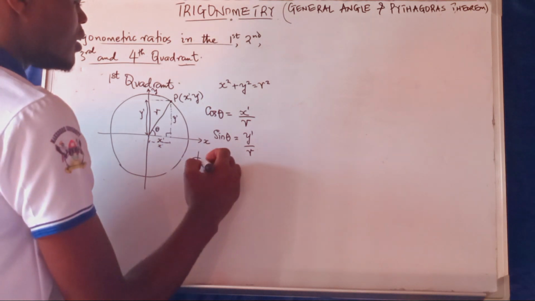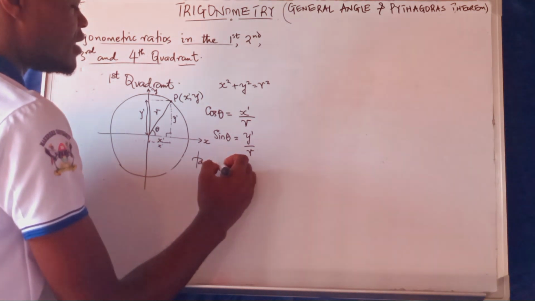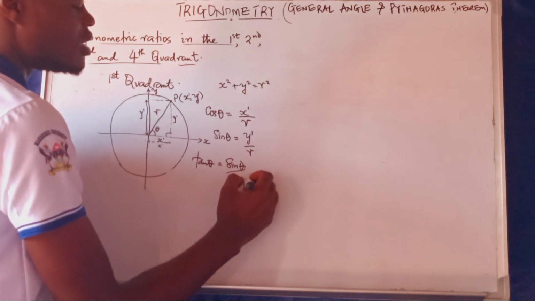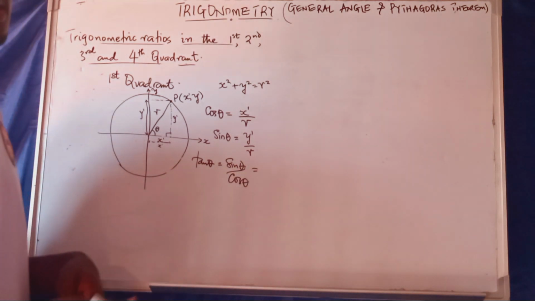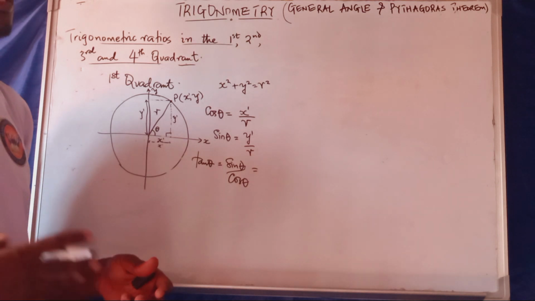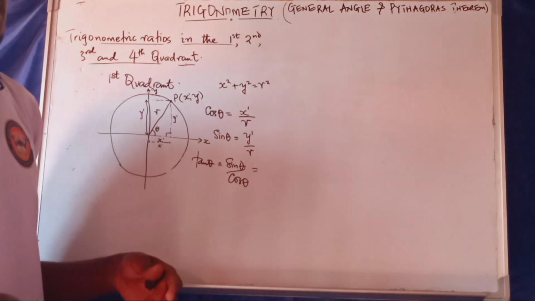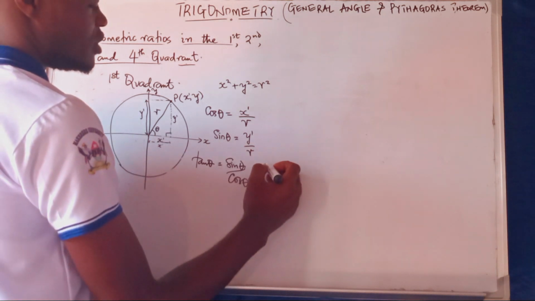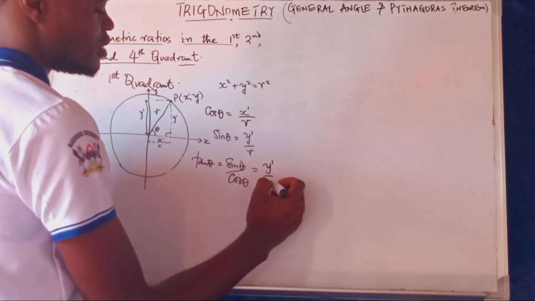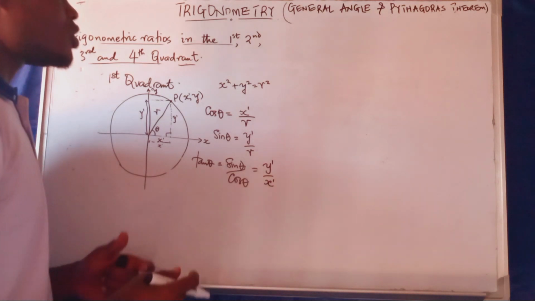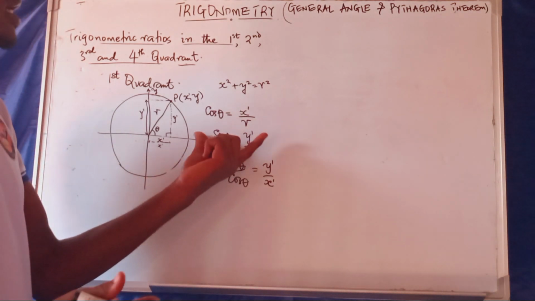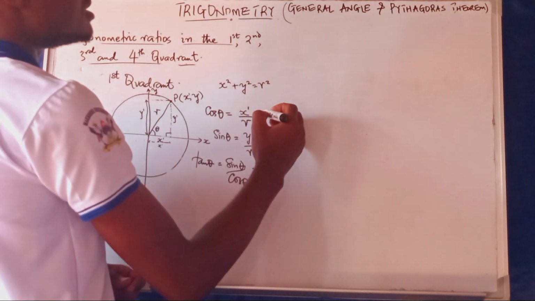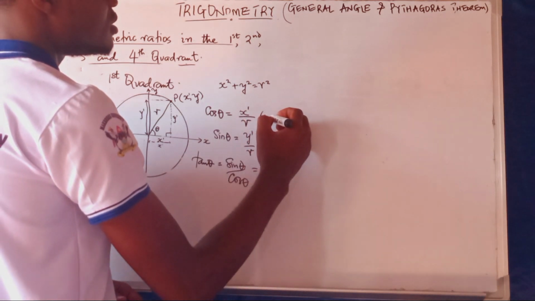And we know that tan theta is always sine theta over cos theta. Or we know that tan theta is always the opposite over adjacent, or sine theta over cos theta. So it is y prime over x prime. So you see that from here, from this cos and sine, you see that this cosine is always positive.